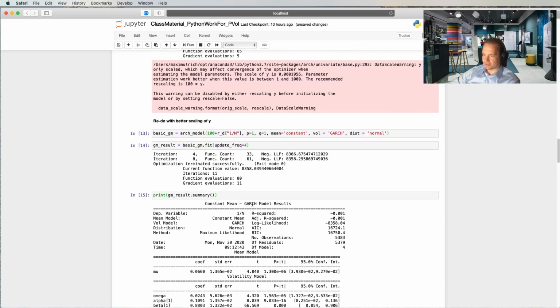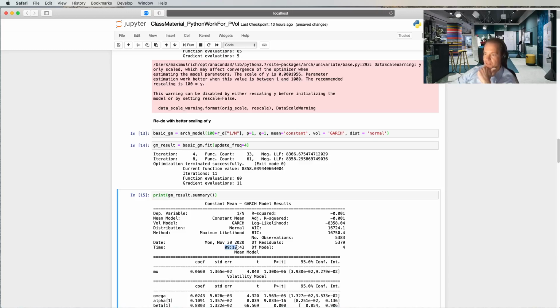We have a constant mean GARCH model. That's correct. Our dependent variable was the return, the market return. We have a constant mean in our mean equation. In the variance equation, we have a GARCH with a Gaussian shock. We estimate the model with maximum likelihood. Today is 9/12, that's correct.